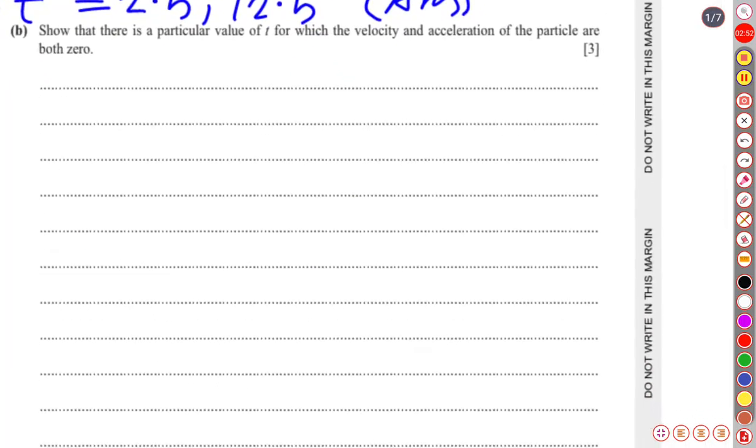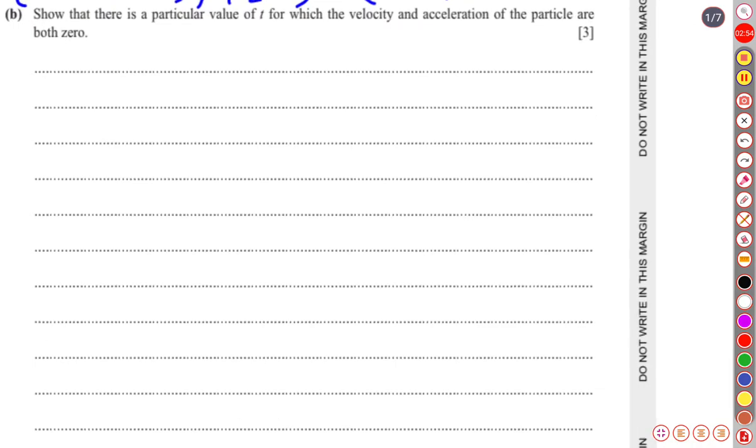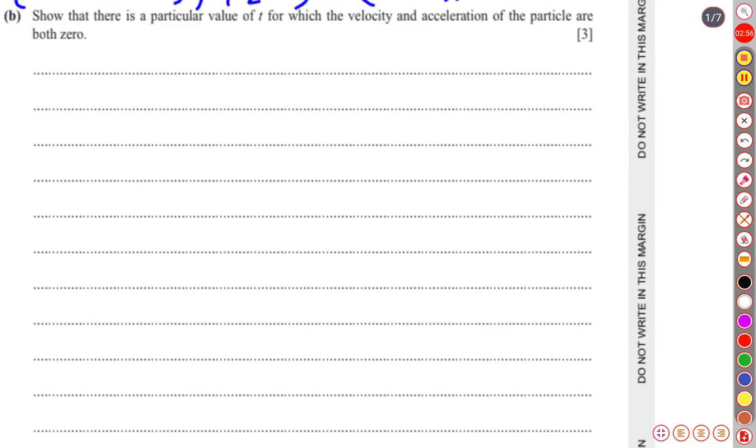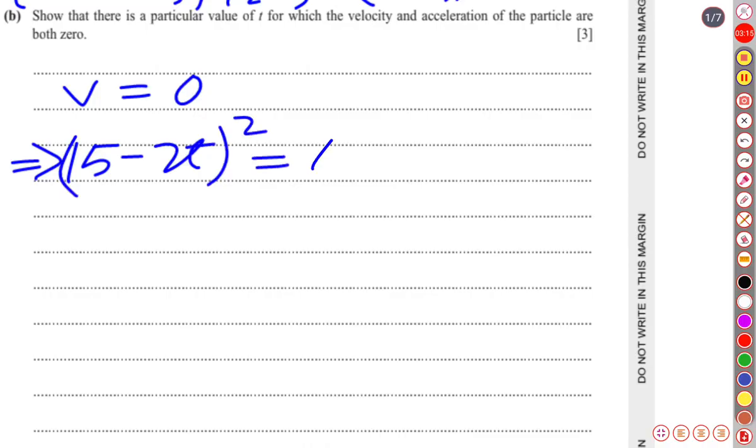show that there is a particular value of t for which the velocity and acceleration of the particle are both 0. So first of all, velocity is 0, v is equal to 0, and we know that v is (15 minus 2t) whole squared is equal to 0.